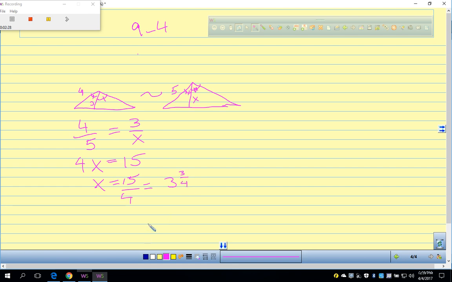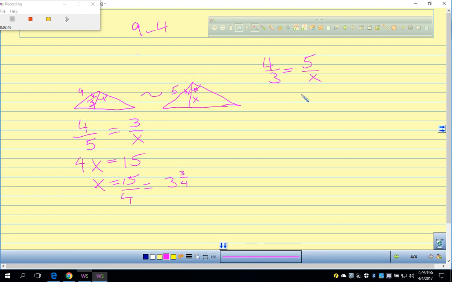Sometimes people say, well, this is a 3 here, by the way. Can I do it this way as well? Can I say 4 is to 3 as 5 is to x? Yes, you can. It works out the same. Side is to angle bisector as side is to angle bisector.